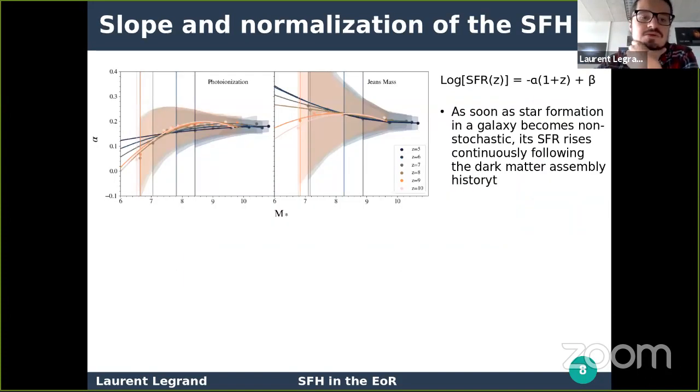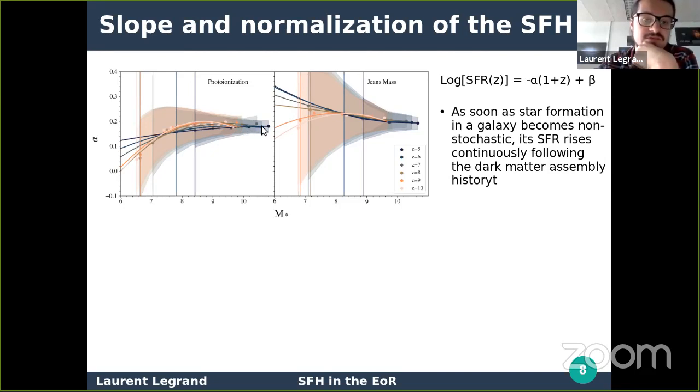So here I would like to show you the fit that we've done of the star formation histories. So first, the slope. Here I remind you of how we model the star formation history. And on the slope, you can see that as soon as star formation in the galaxy becomes non-stochastic, so around here, let's say, its star formation rate rises continuously following the dark matter assembly.